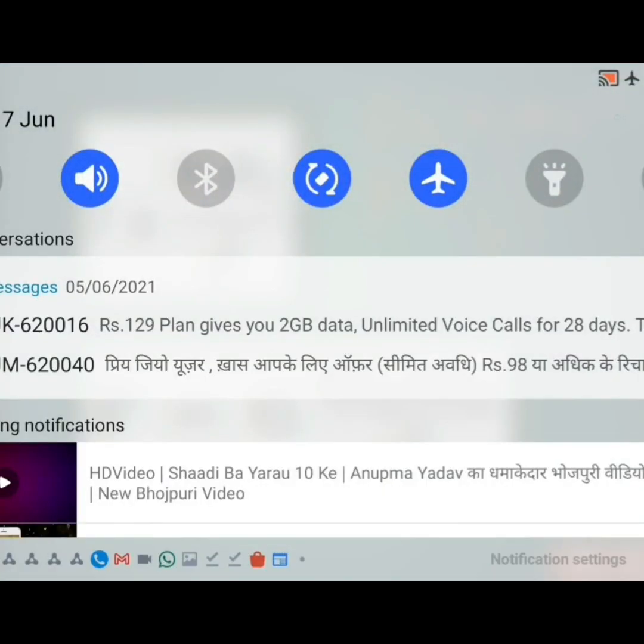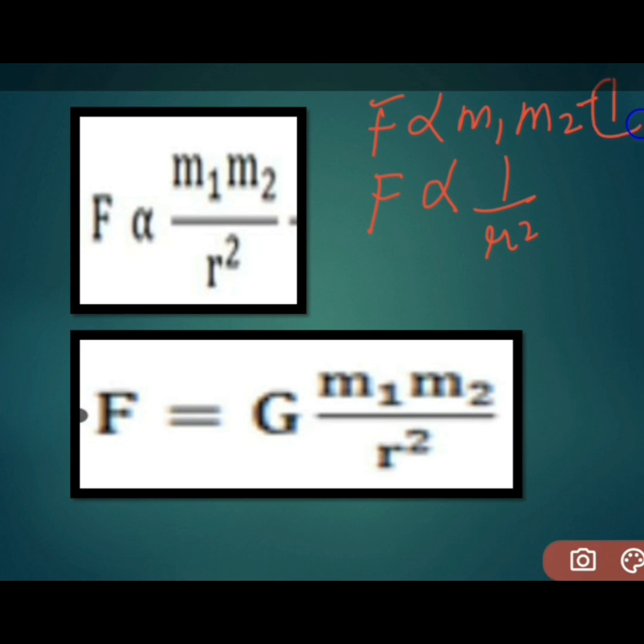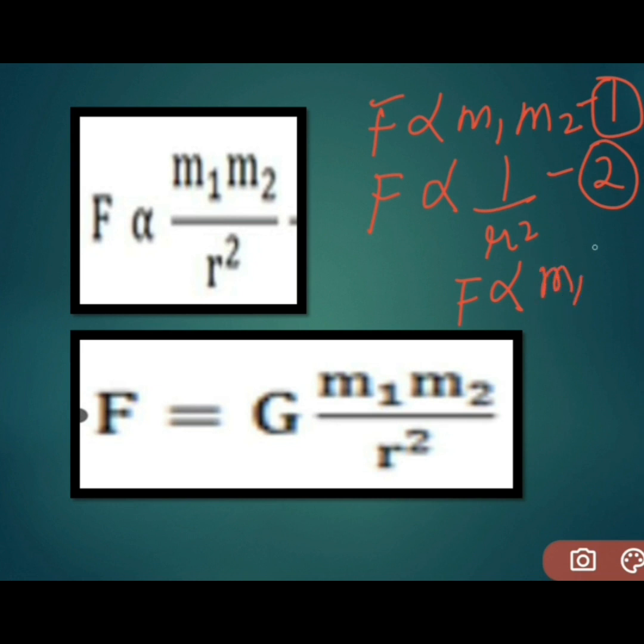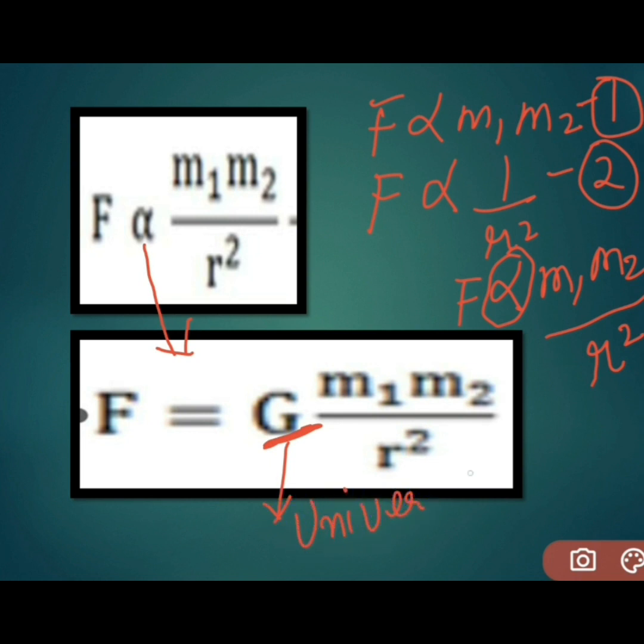Now combining 1 and 2, I get F is directly proportional to m1 into m2 by r square. When I convert this proportionality sign into equal to, I have to bring in a constant. This constant is called capital G, which is also called the universal gravitational constant.